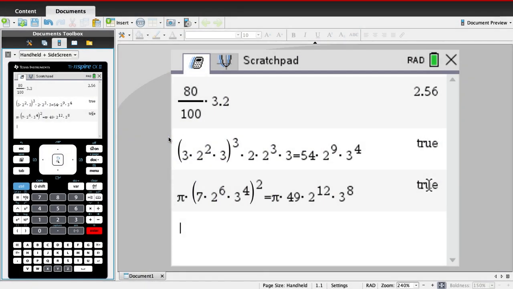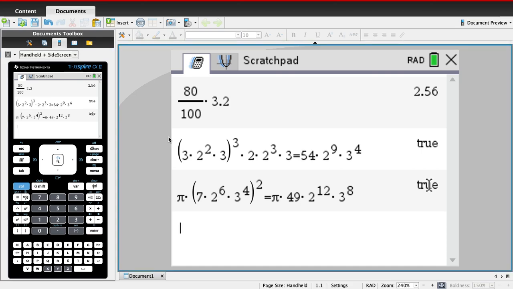So I'm going to plug in 2 for x, 3 for y. So 2 multiplied by 2 to the power of 3 times 3 times 2 to the power of 4 times 3 to the power of 4.